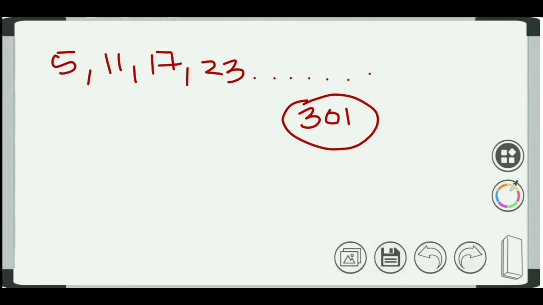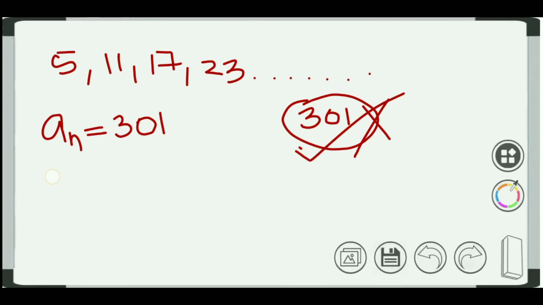How will you check? First of all, we take a n equal to 301. Okay. Then we will find the value of n. If the value of n is a fraction or a decimal value, then 301 is not a term of the list. If the value of n is a whole number, then 301 is there.